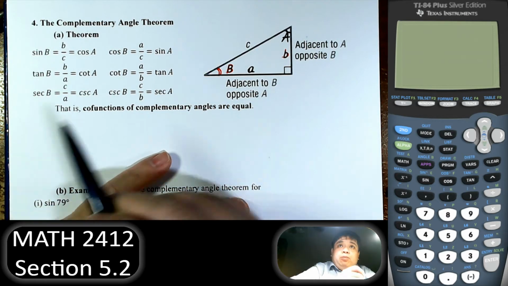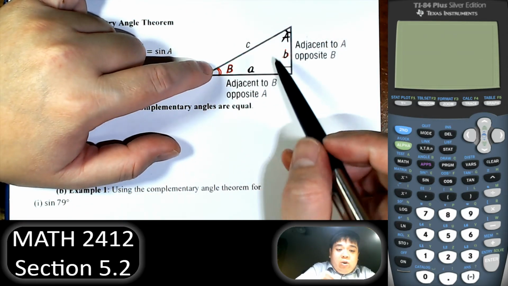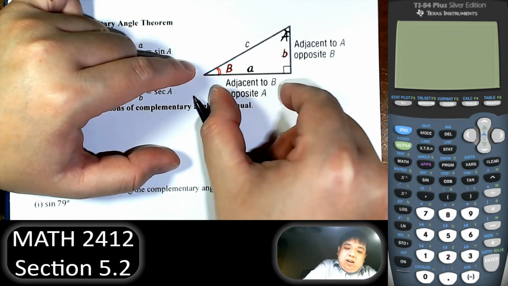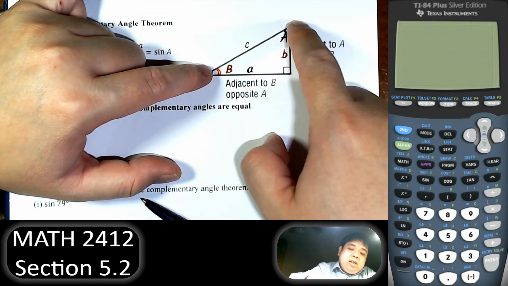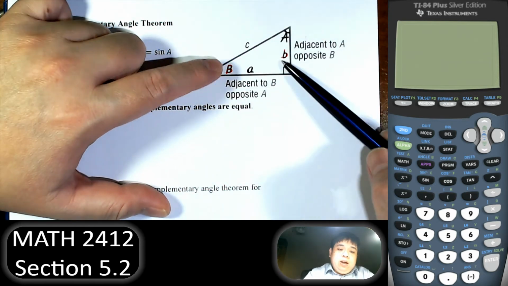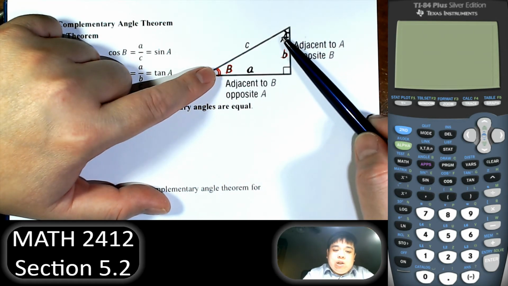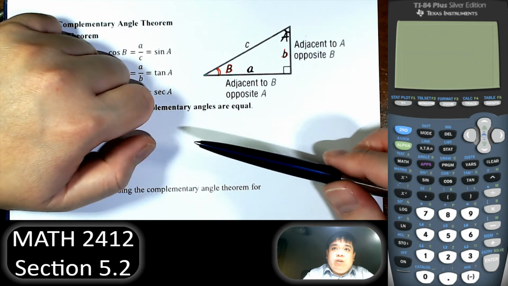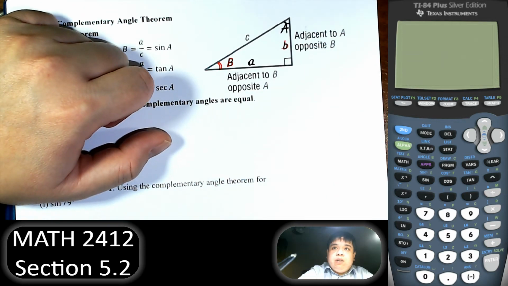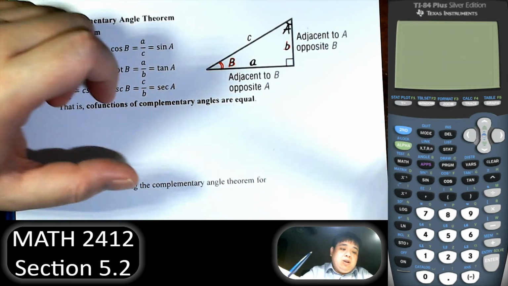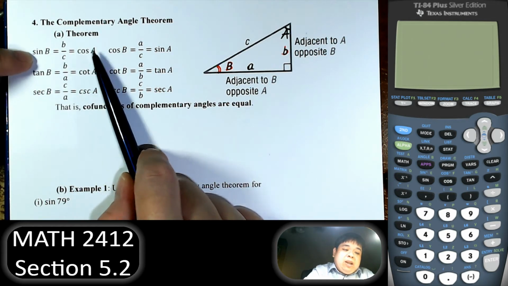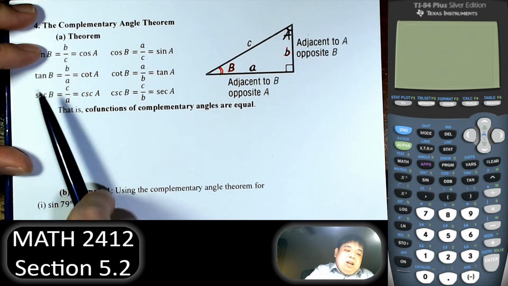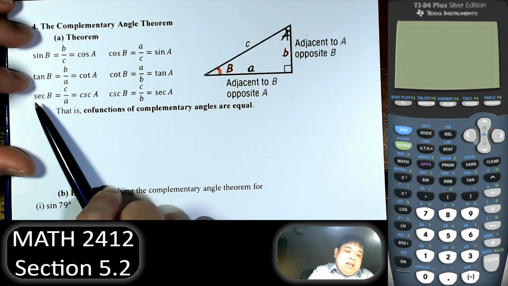Now, in this triangle, let's say this side is adjacent to angle B, but it is also opposite to angle A. So we have 2 different angles. Adjacent of this one is the opposite of the other one. Because of that, we can say sine of B is equal to cosine of A, and cosine of B equal to sine of A, tangent and cotangent, and secant and cosecant.